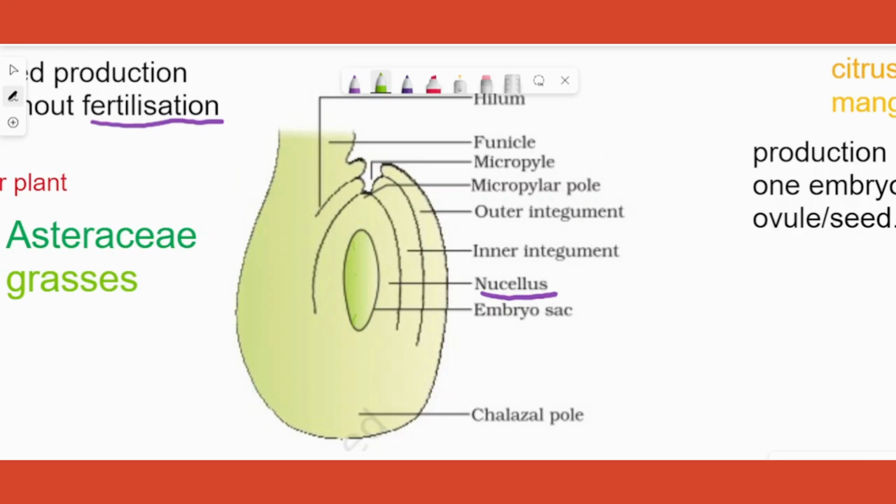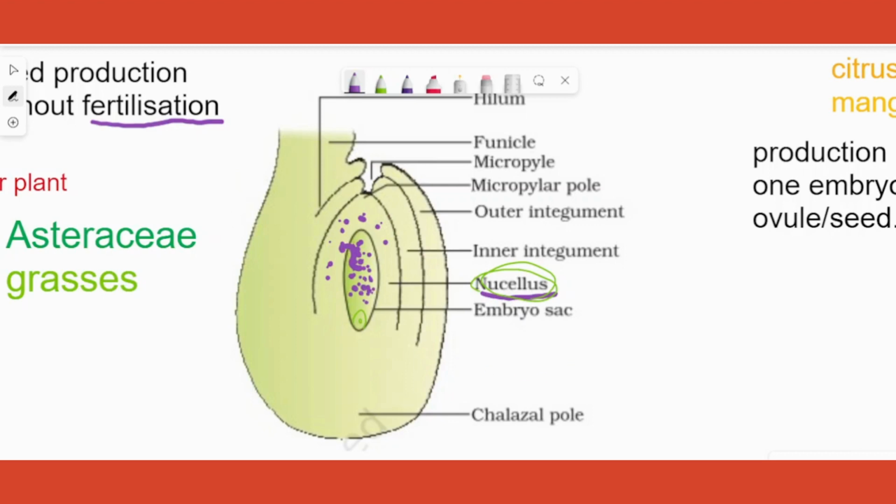So what will the egg do? The egg will just be there. Instead, some of the cells of the nucellus will start growing inside the embryo sac like this. Let's say these are the cells of nucellus. They will start growing inside like this, and then here they will divide and form a lot of cells.